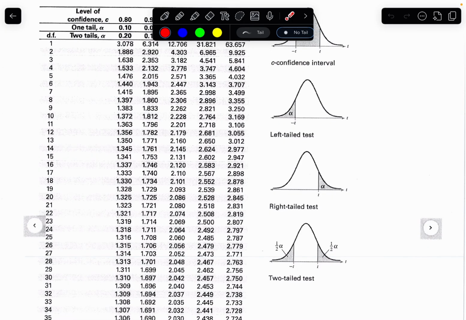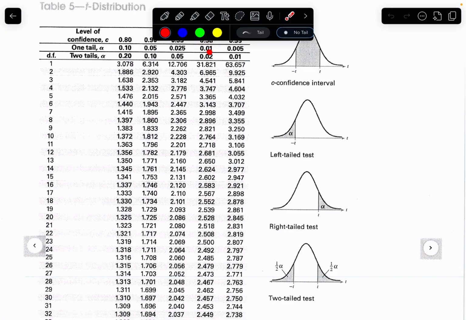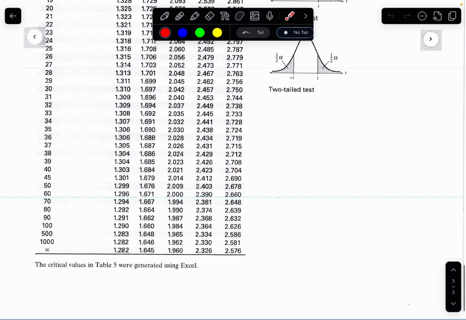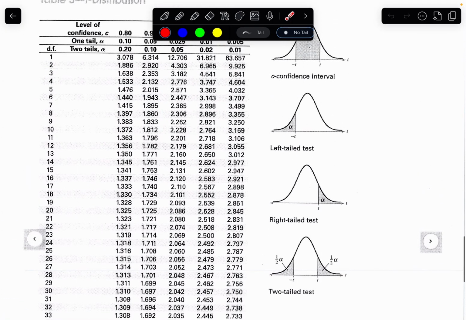So when we are left-tailed with alpha equaling 0.01, we are going to go to the very bottom of our table because we're looking at our normal distribution, and we're looking at 2.326. But because it's left-tailed, we have a negative, so it's going to be a negative critical value.